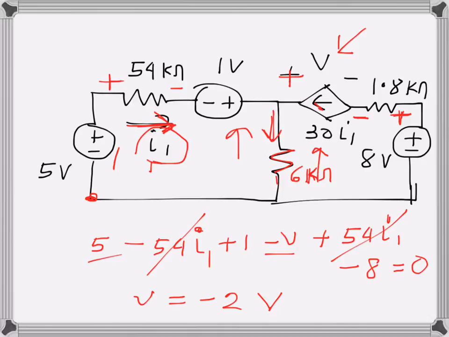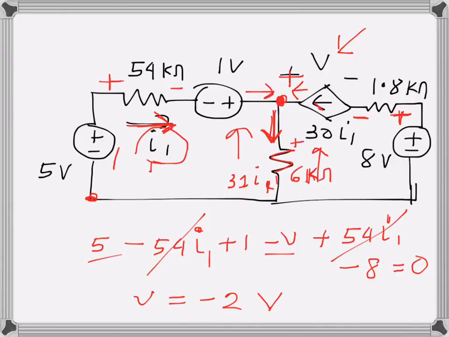The current here in this direction will be I1, of course. If I write KCL at this node, I can see I1 is entering and 30 I1 is entering, so the current in this direction will be 31 I1, of course. That will be the current downwards, and the voltage drop will be in this direction.